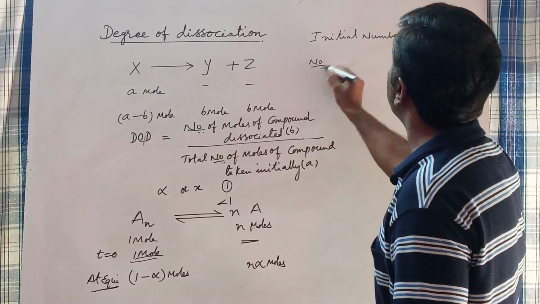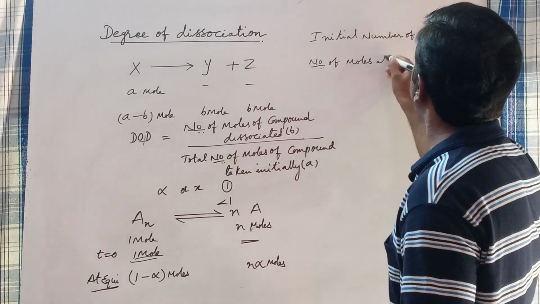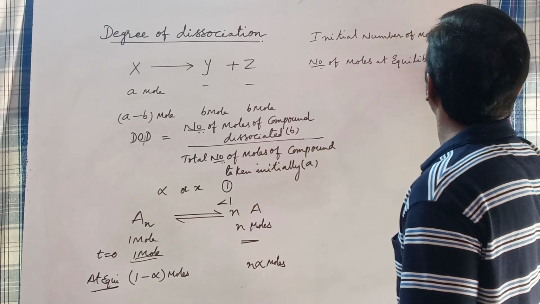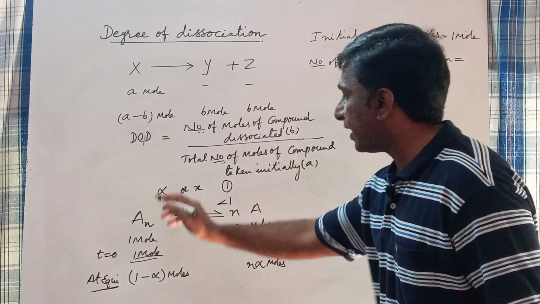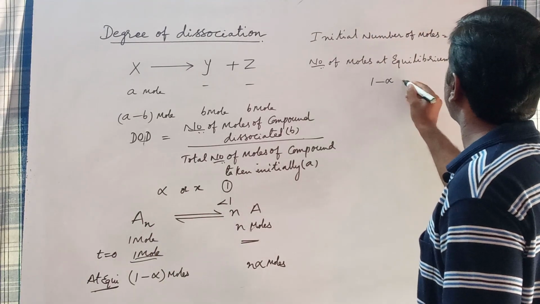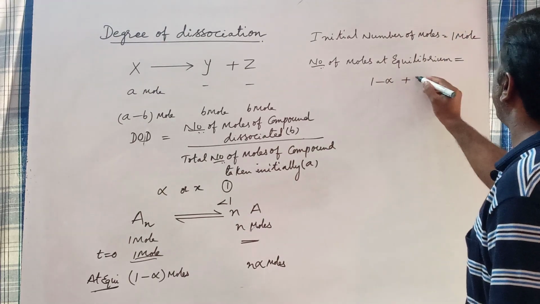So the number of moles at equilibrium state. At equilibrium, how many moles are formed? Here, the number of moles of AN is 1 minus alpha. The number of moles of simpler molecules A is N alpha.